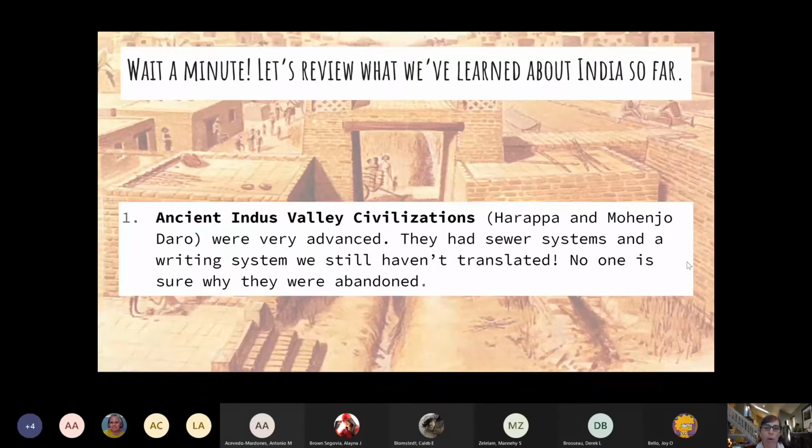That was Harappa and Mohenjo-Daro. They were very advanced, and you guys know that the sewer system, I think, is so cool. I love the sewer system that they had because it's so early for them to have a system like that worked so well. And they also had a writing system that we can't translate. We still don't know what it says. And nobody really knows why these cities were abandoned.